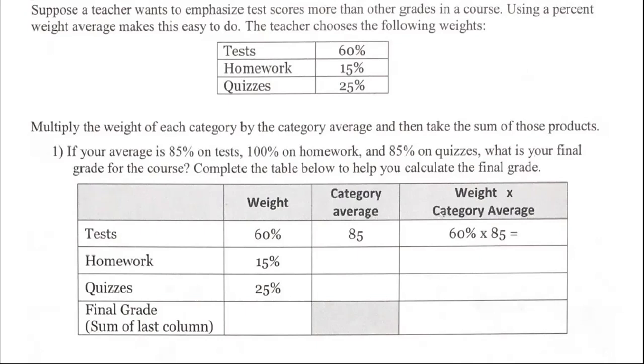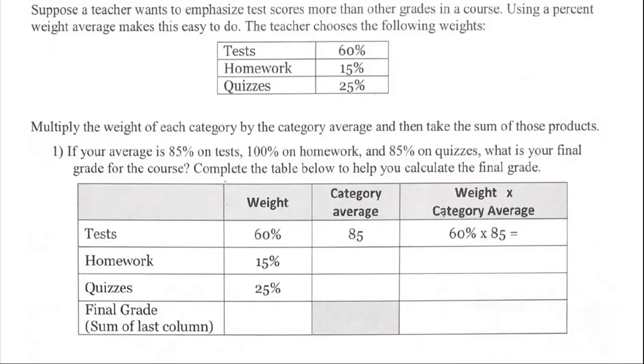We'll have raw numbers, and we have to find the average of those raw numbers first. Once we find the average, then we multiply it by the weight. But in this one, they already tell us the average, so we're good to go. Normally you would have to find the average of that category first and then multiply by the weight.